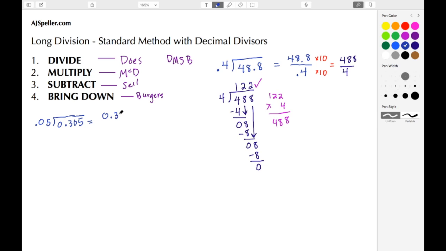So 0 and 305 thousandths divided by 5 hundredths. I need to move this decimal point 2 places to the right. So that means I need to multiply the denominator by 100 to get those 2 decimal places to move, which also means I multiply the numerator by 100. Now all that does is make this denominator a whole number 5.